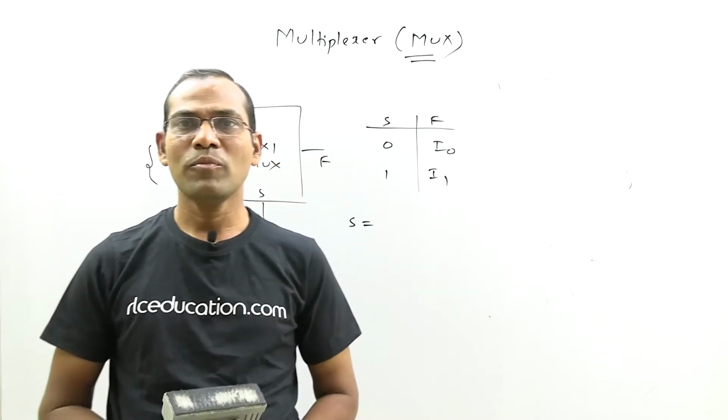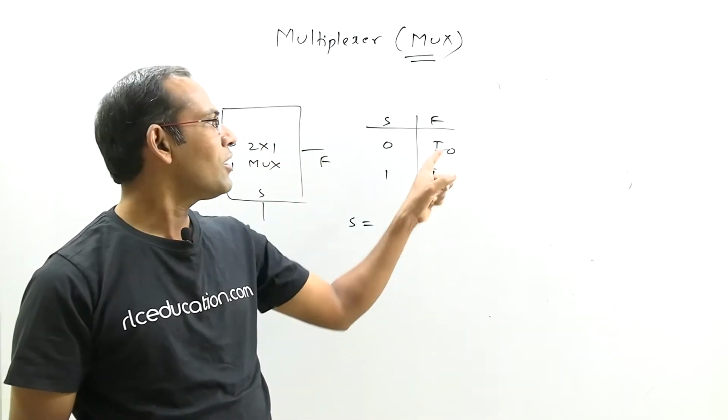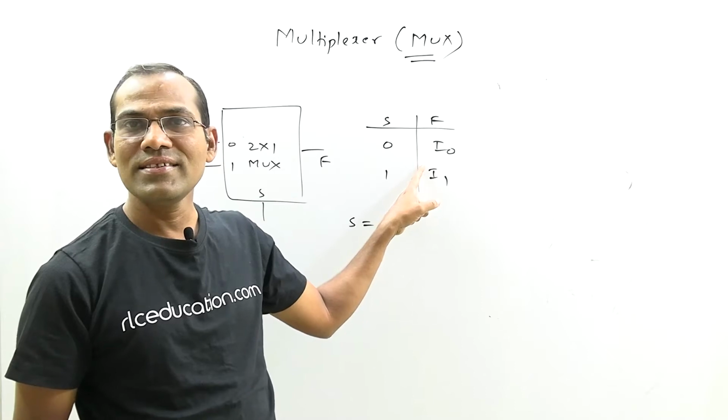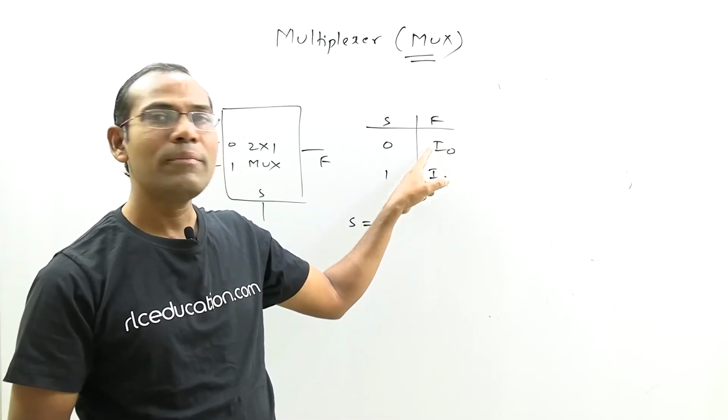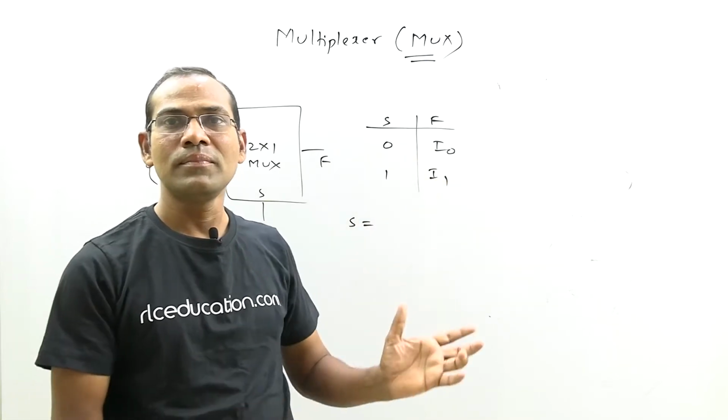Some time back I told you one procedure. Whenever the output side contains variables, the procedure is to multiply that variable with the min term.